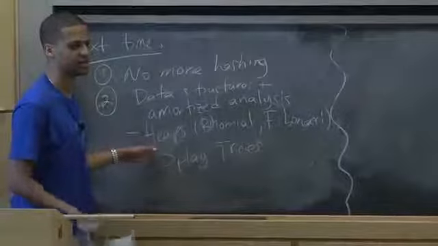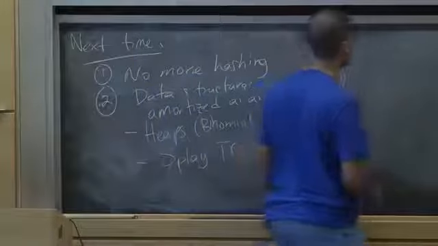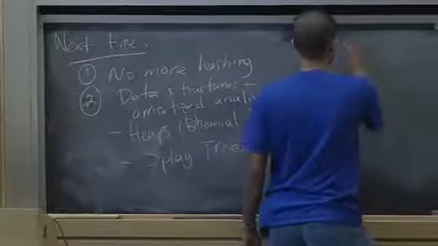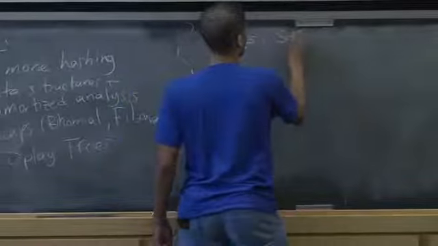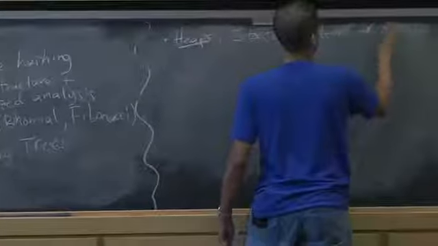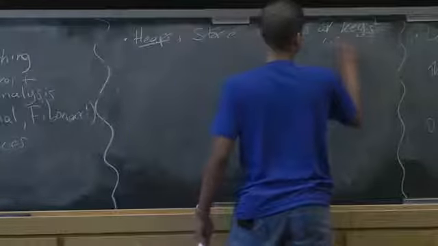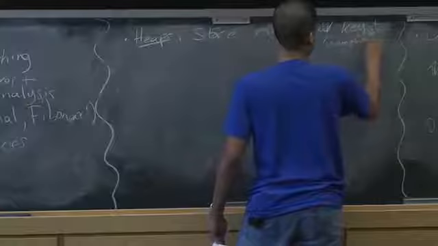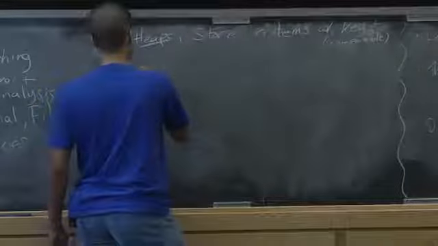And as part of the amortized analysis, we'll see potential function arguments. So what are heaps all about? Remember what heaps do. With heaps, we store n items with keys that are comparable. And we support some operations.